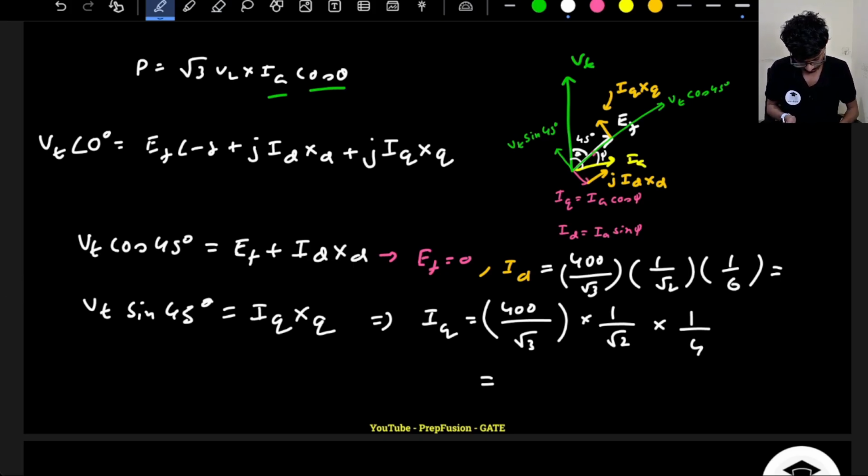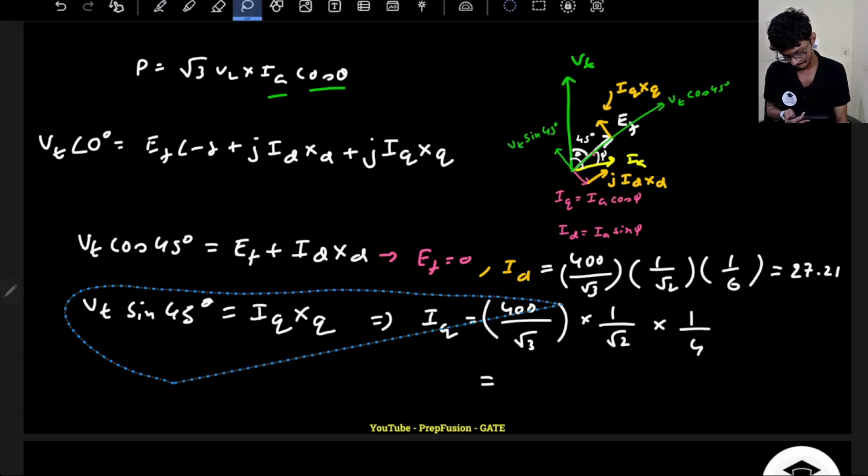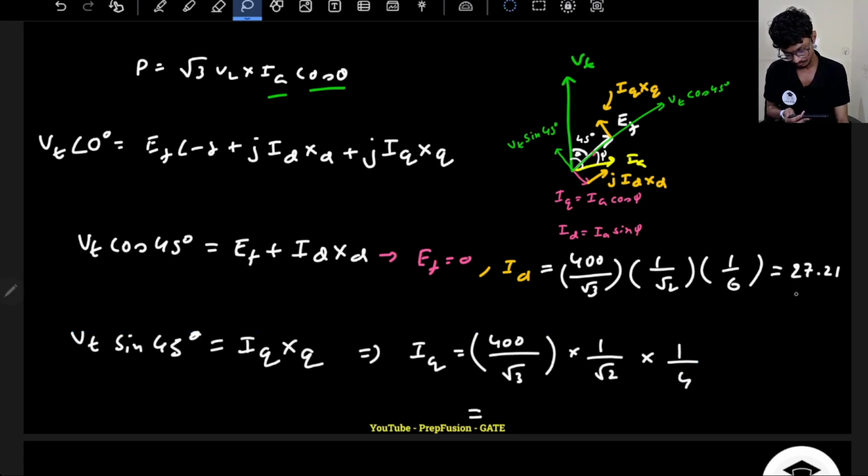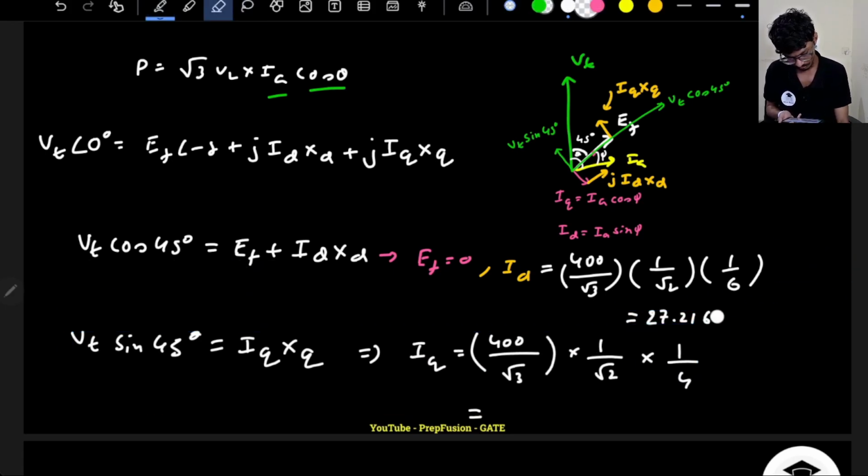So this will be 400 divided by root 3 divided by root 2 divided by 6, which is 27.216 amperes.